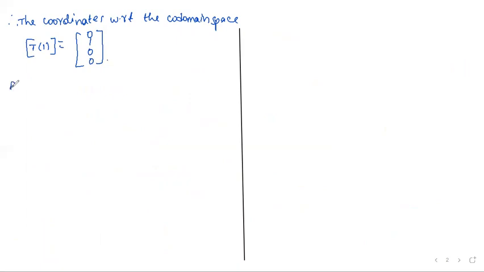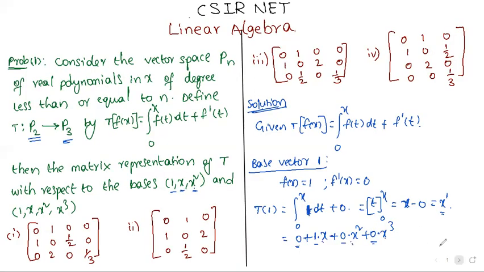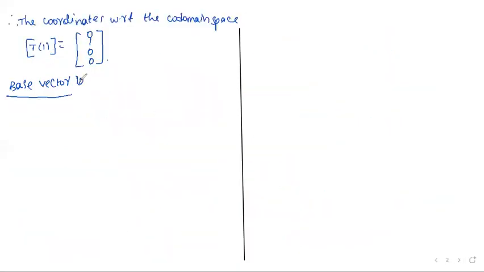Next we have to find the image of base vector 2, that is x.